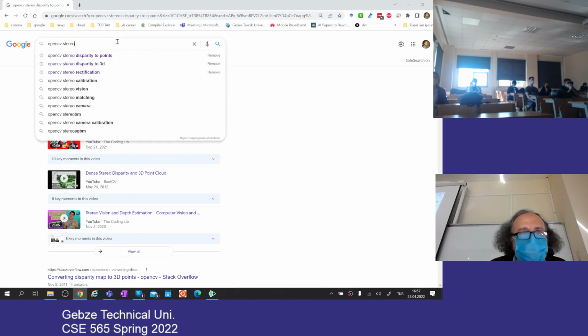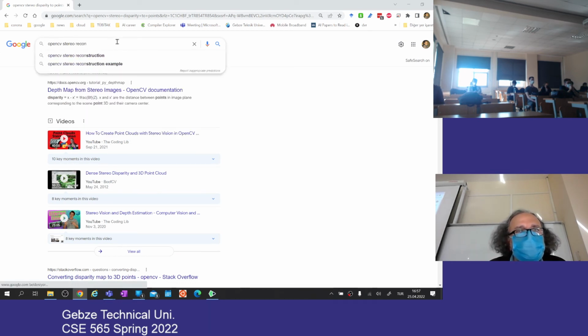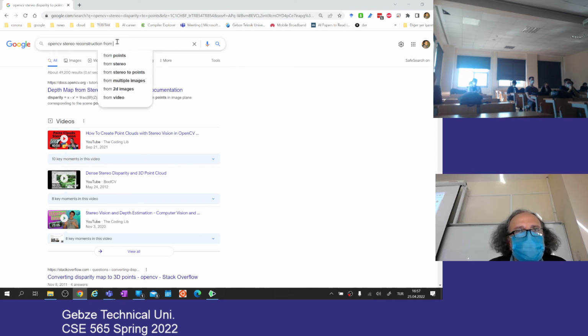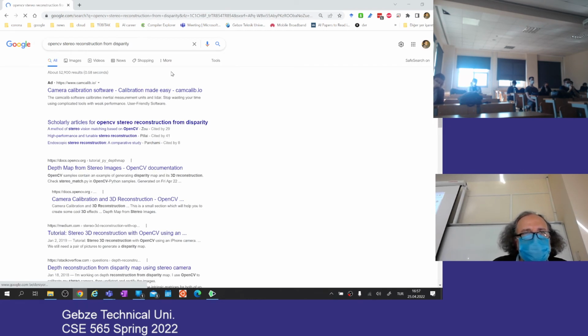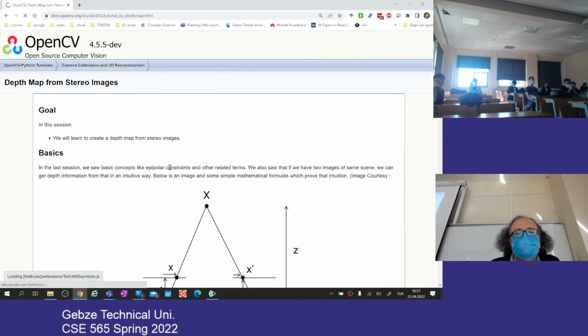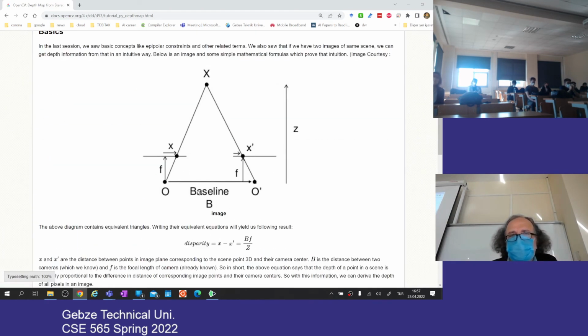Reconstruction from disparity, yeah. Depth map from stereo images, maybe. So what I'm saying is that if you have the, okay, this is the thing, yeah.